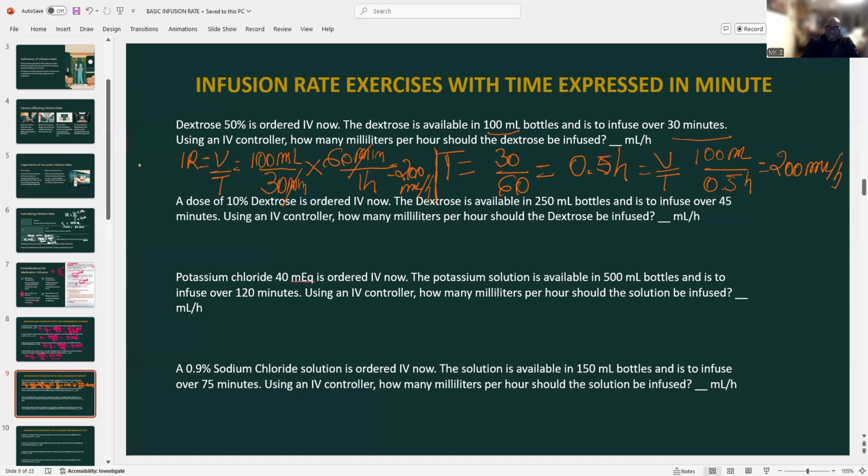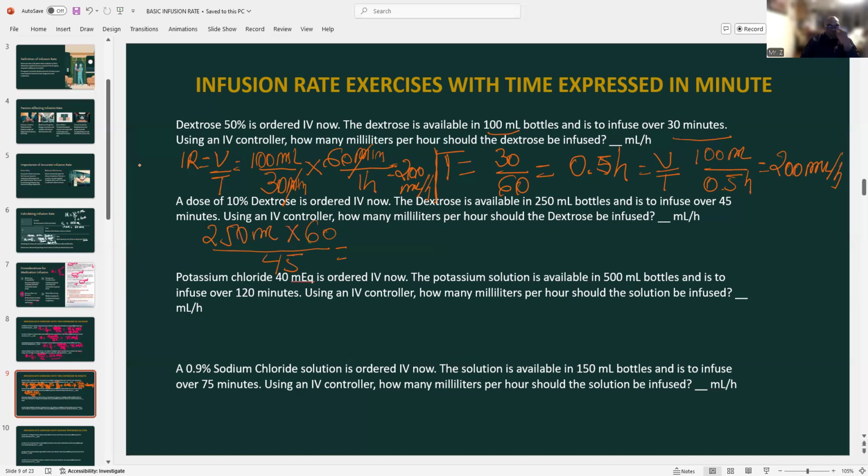We got 250, all right? From here, once you know how it's going to work, just multiply by 60. You don't want to be putting minute over hour. You can just do that quick, divide by 45, because you already know how your units will cancel out. 250 times 60 divided by 45. You got 333.33.